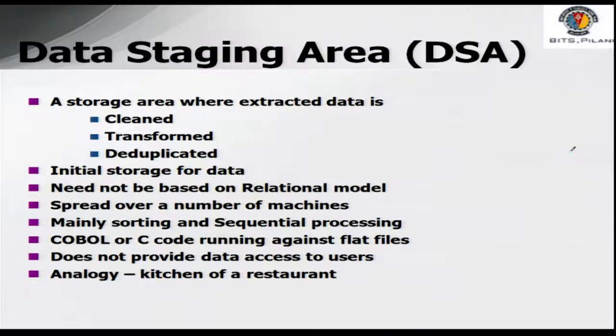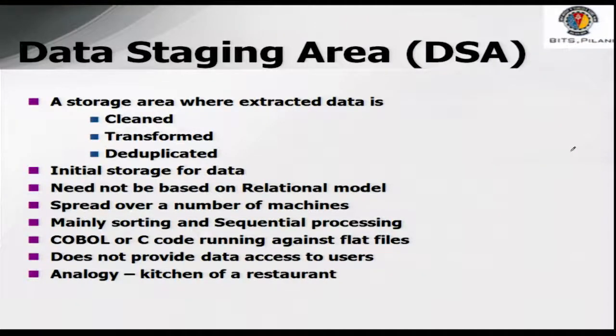It is the initial storage for data. As you know, from the source systems and the external systems, the data does not go directly into the warehouse. It is staged in the data staging area.